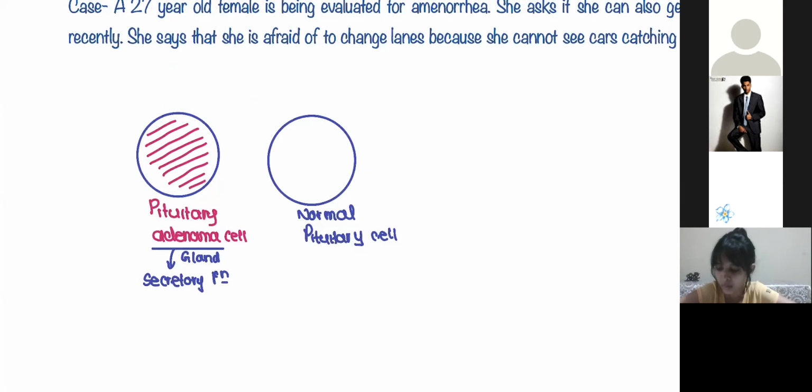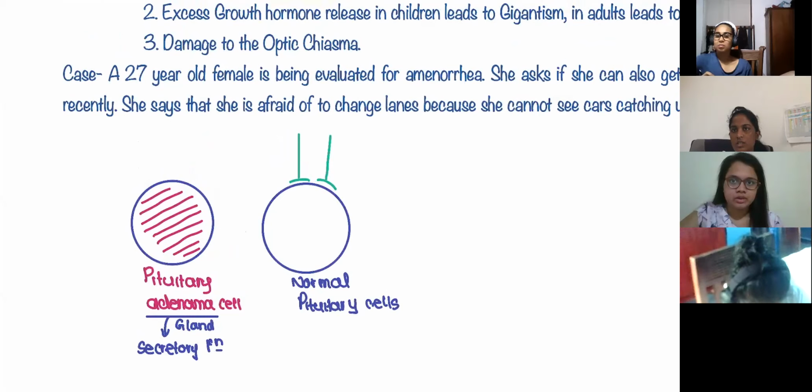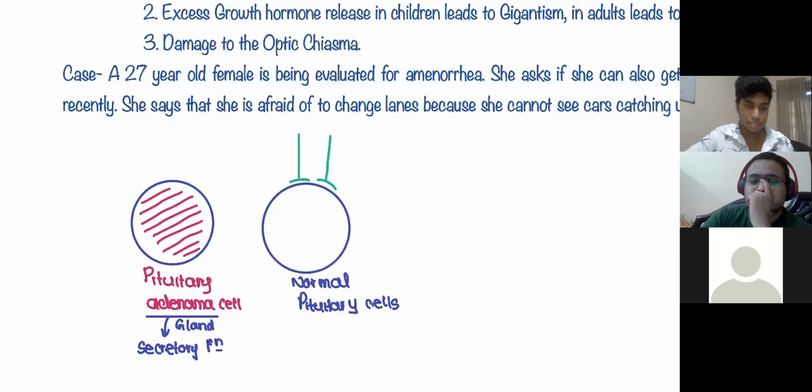So what happens is normal cells are going to be inhibited by two things. Can someone tell me the hormone synthesized in the hypothalamus that inhibits prolactin release? Guys, come on, endocrinology, actually A levels, high school stuff. Prolactin inhibiting hormone, PIH. Progesterone?